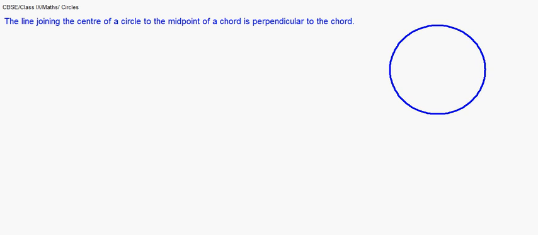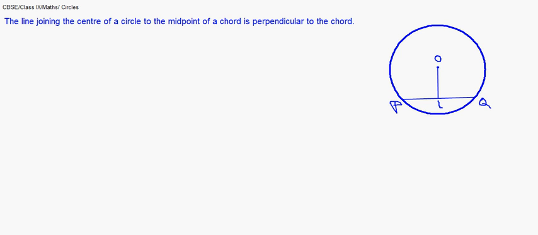So I will have to also draw the chord. Let's keep the same names that we did for the last one. This is O. Later on we'll prove that this is a perpendicular.